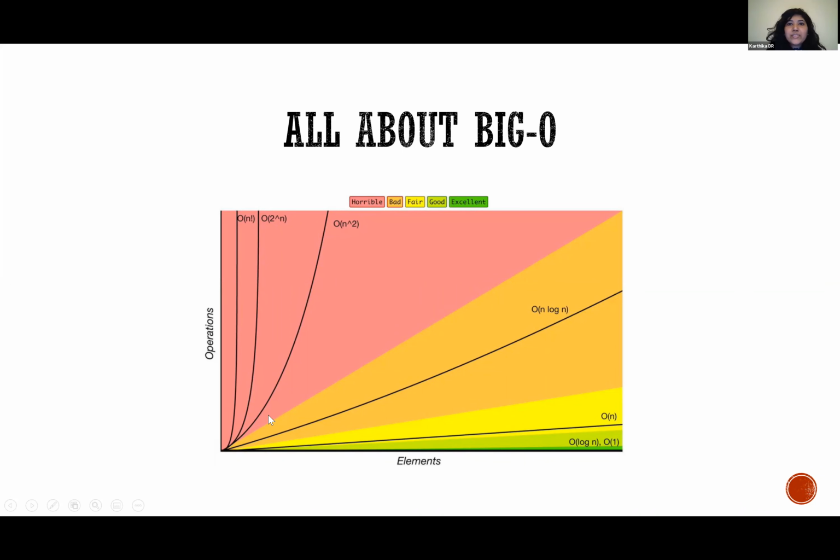Did I answer that? Unless it is a brute force, it's good to go. If the particular problem statement can be solved in exponential time as a brute force solution, but you give an n squared solution, obviously it is better than exponential time, right? So it is good to go.